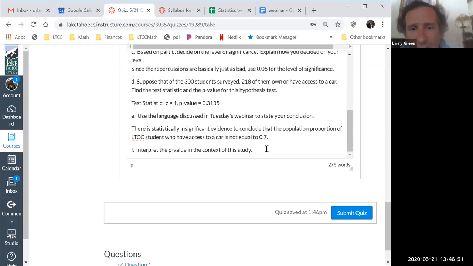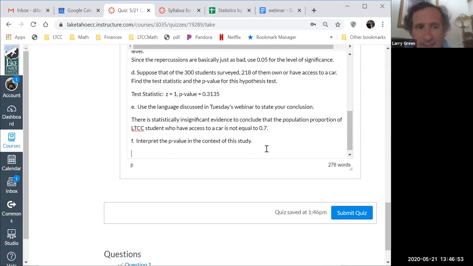Okay, and then finally, interpret the p-value in the context of the study. That's a little bit longer, but it always has the same form. I'm going to write down the form. This is not going to be the interpretation, but it's a nice form.